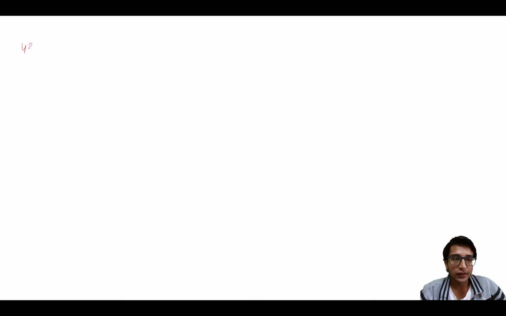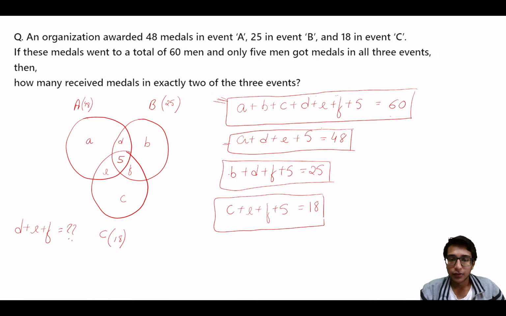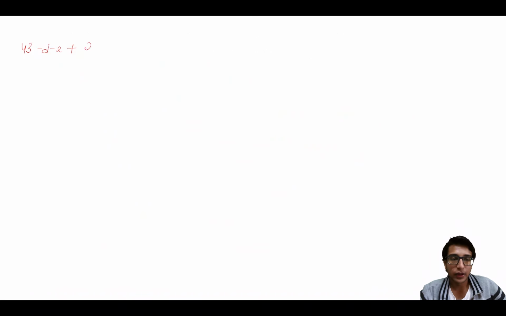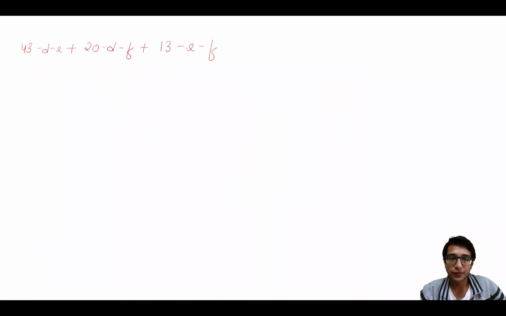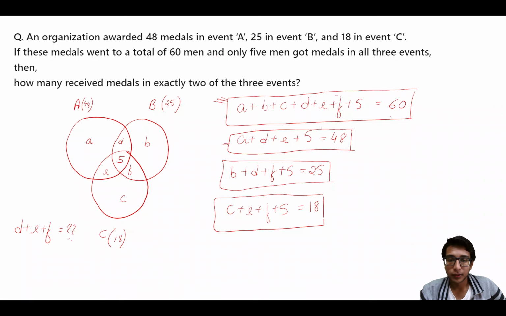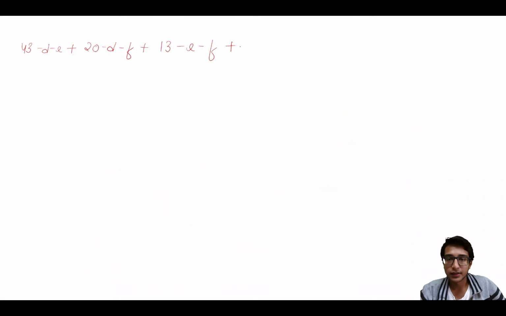A would become 43 minus D minus E plus, I'll replace the value of B. B would become 25 minus 5 minus D minus F. So this would become 20 minus D minus F plus, replace the value of C. It would become 13 minus E minus F. This plus D plus E plus F plus 5 is equal to 60.